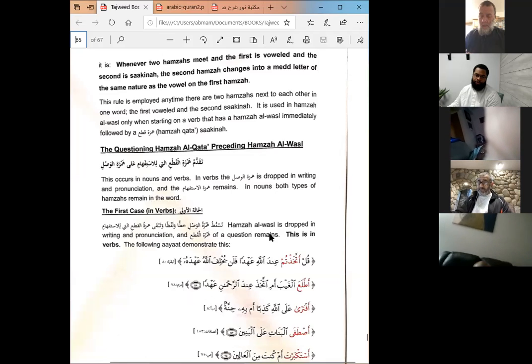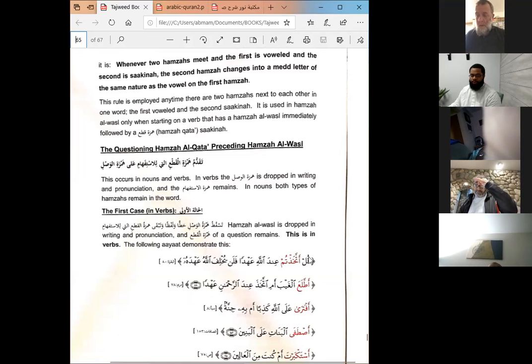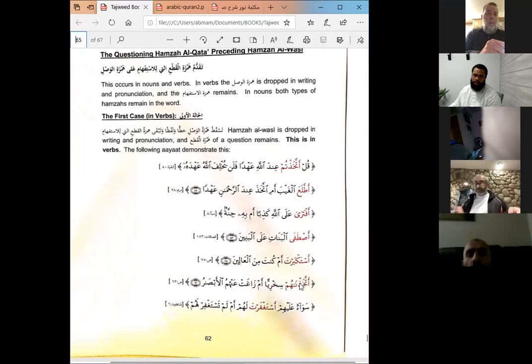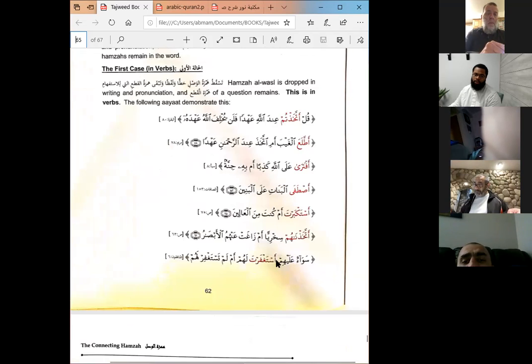So in verbs, Hamzatul Wasl is dropped in writing and in pronunciation, and the Hamza of questioning, the inquisitive Hamza, remains. So these are examples. أتخذتم, أطلع, أفترى, أصطفى, أستكبر, أتخذناهم, أستغفر. So you see here, it's only one Hamza.